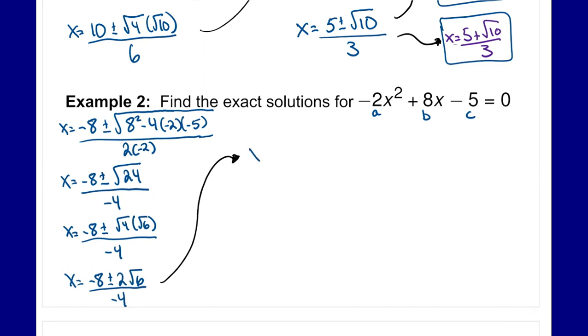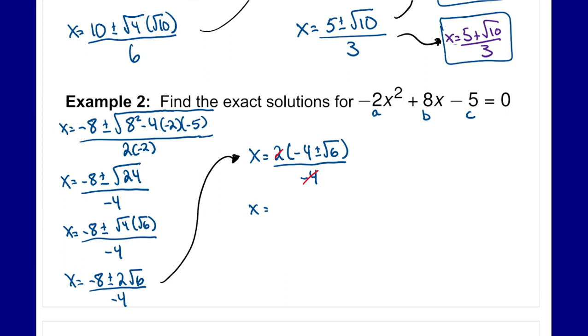I can take a factor out, so x is equal to, we'll take a factor of 2 out, so 2 times negative 4 plus or minus root 6 divided by negative 4. I can cancel out the factors.